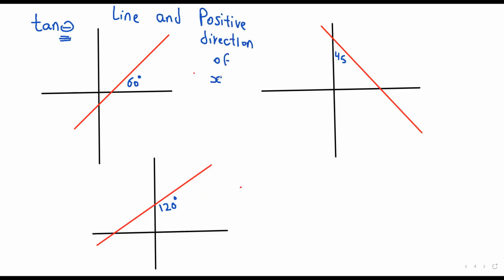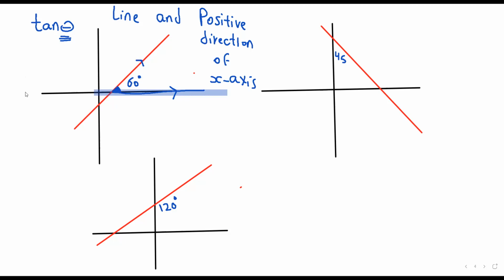So here, this angle is the angle between the line and the positive direction of x-axis. That's the positive direction of x-axis here, this direction. And here it's the line.